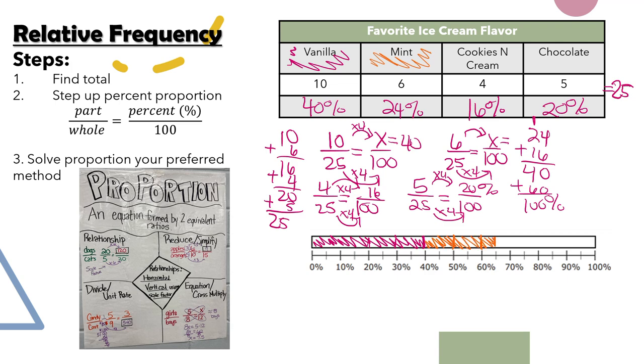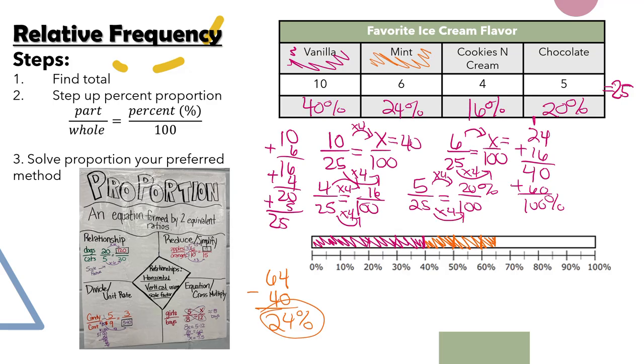A good way to check my answer is to go wherever I stopped. In this case, I stopped at about 64. And from wherever I started, which was 40, I have shaded in 24%. So that's a way that you could check your answer to ensure that you are shading in correctly.